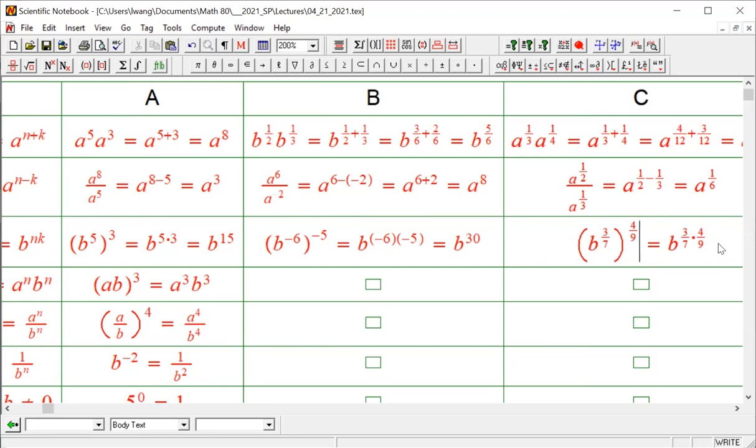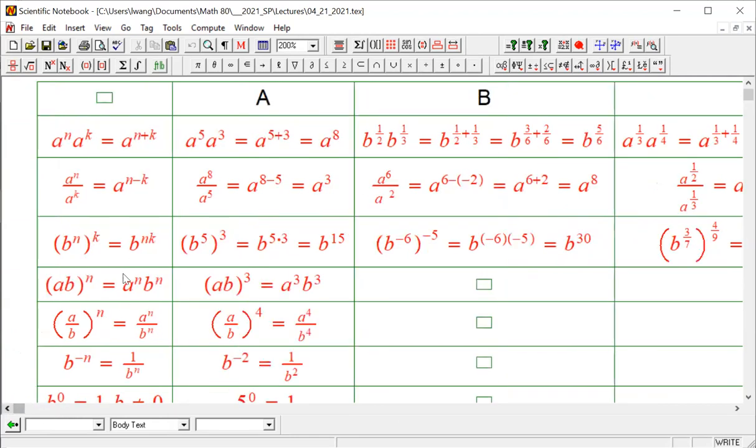So in the end, we get b raised to the power of 4/21. All right, so we're done with the first row: number 2, number 3, number 4.